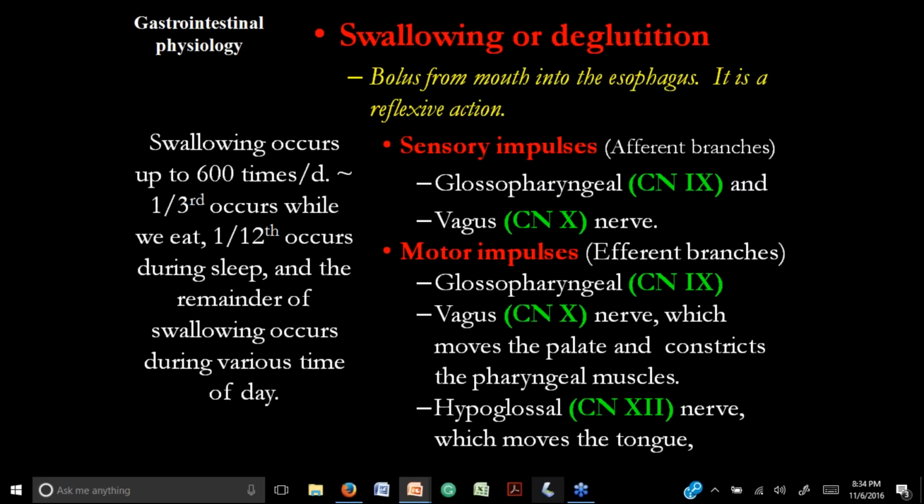The glossopharyngeal gives you the taste of the food, the vagus nerve stimulates through acetylcholine, and the hypoglossal makes the movement of the tongue and the pharyngeal muscles.